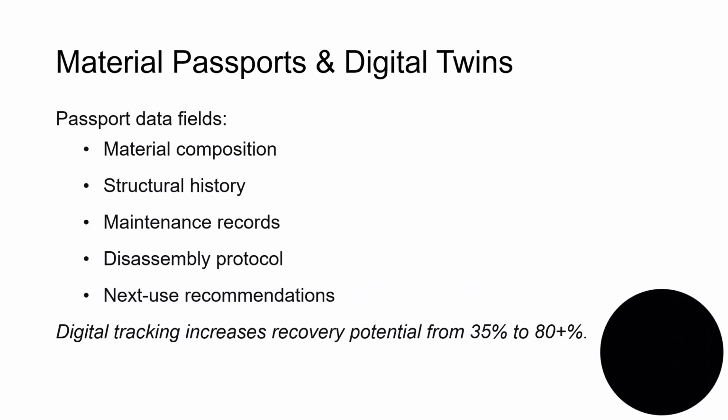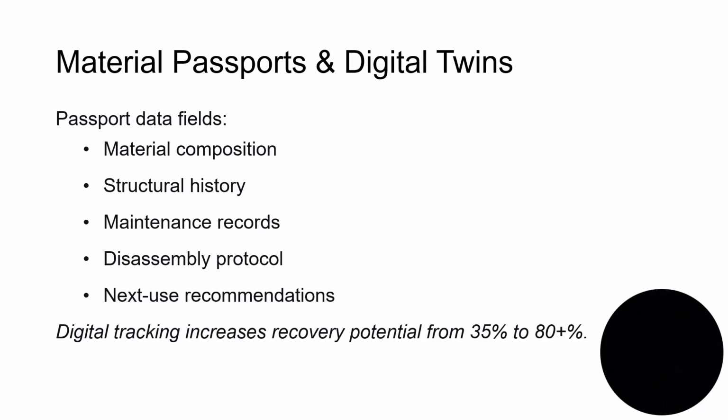But technical solutions need digital support. Research has developed material passport systems where each modular component carries a digital twin containing its material composition, structural history, maintenance records, and disassembly instructions.